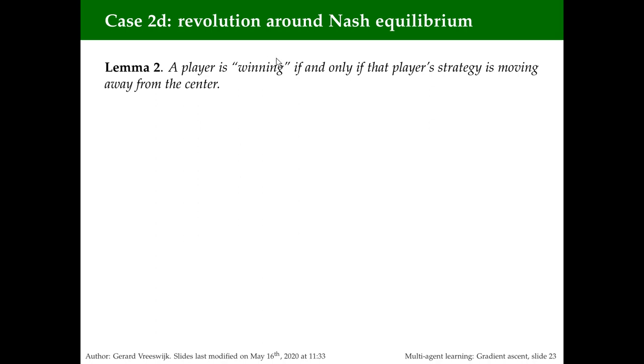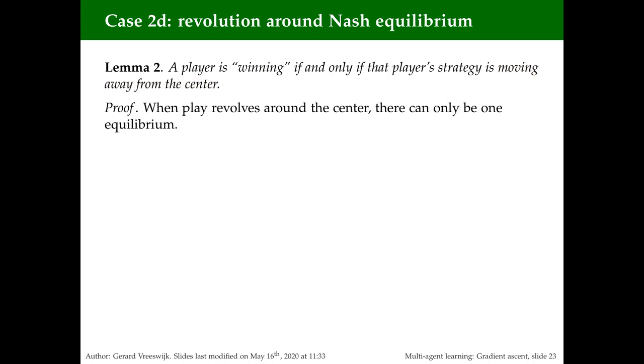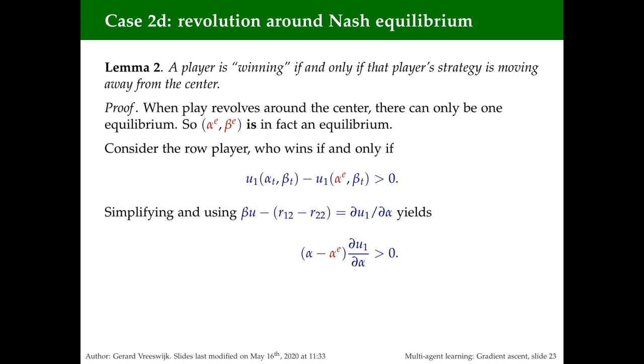So this lemma effectively says that winning is moving outwards. So when play revolves around the center, then there can be only one equilibrium, which is the weak equilibrium. So the chosen alpha E and beta E are in fact that only one weak equilibrium, and that is in fact an equilibrium.